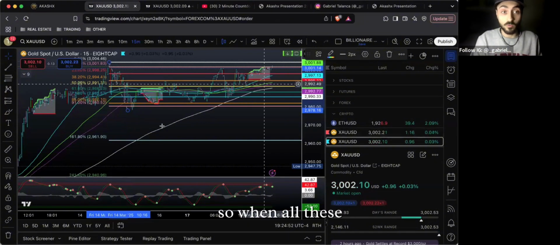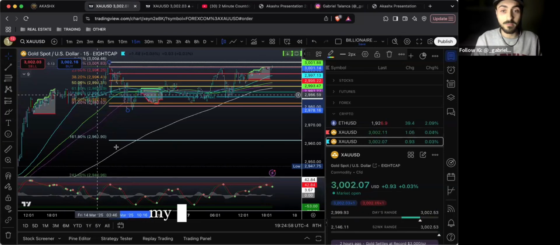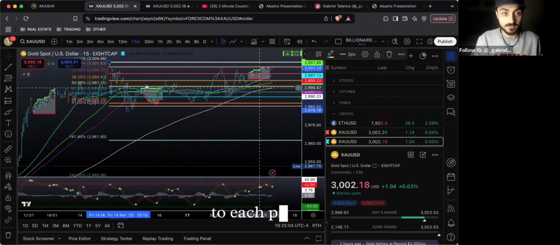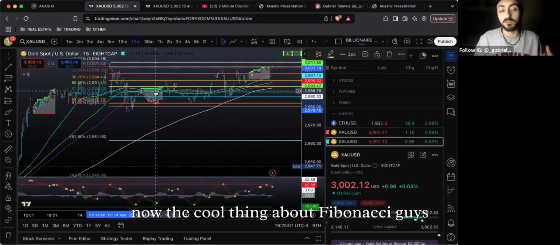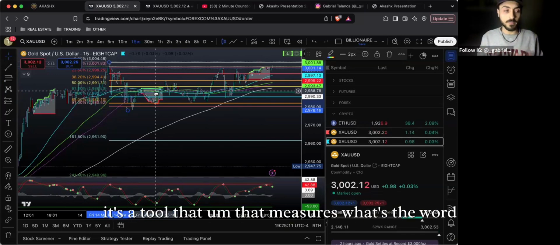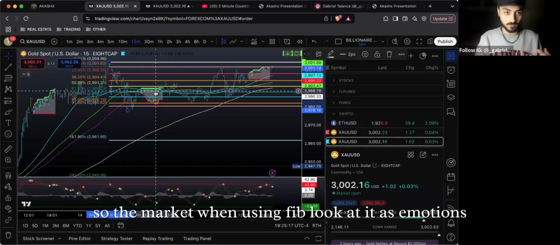If you notice now, from the 50% to the 71.8%, my indicator lines are all pairing up to each percentage. Now, the cool thing about Fibonacci, guys, is it's a tool that measures emotions. So when using Fib, look at the market as emotions.